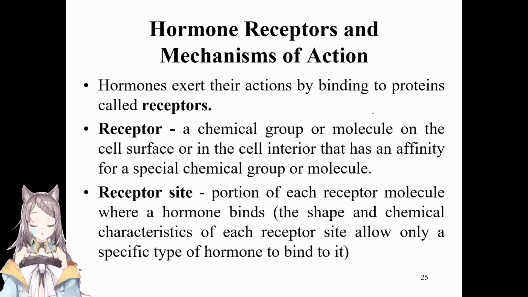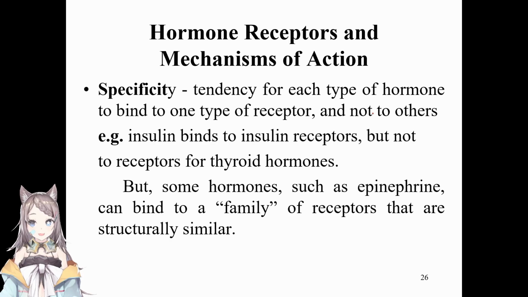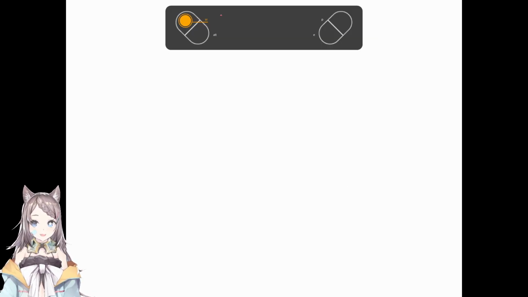The shape is predetermined already. There is what we call specificity. There is a tendency for each type of hormone to bind to only one type of receptor and not to others. This is called the lock and key model.